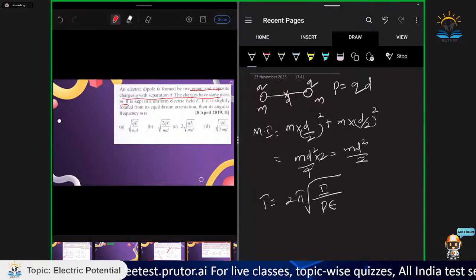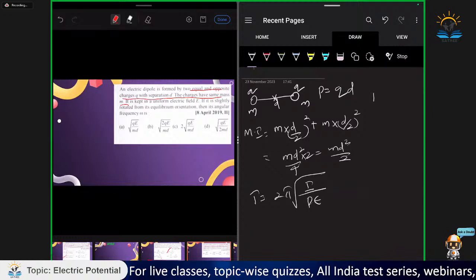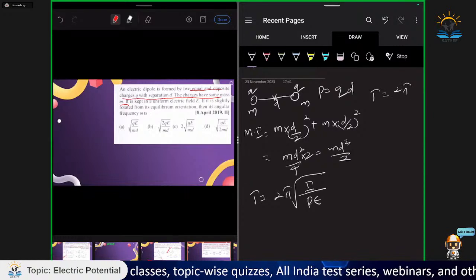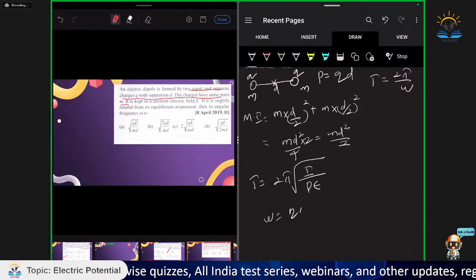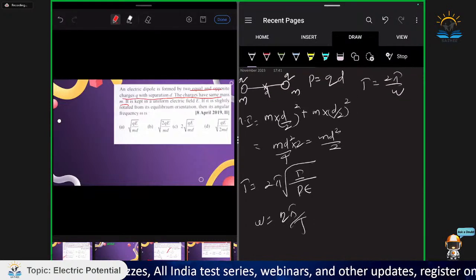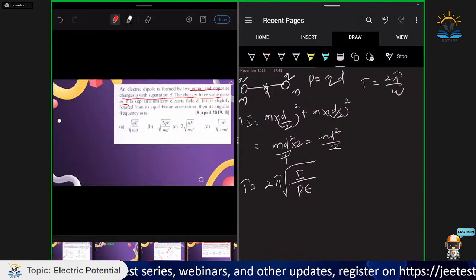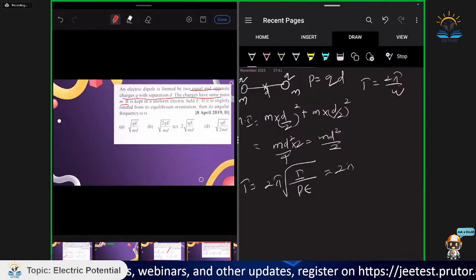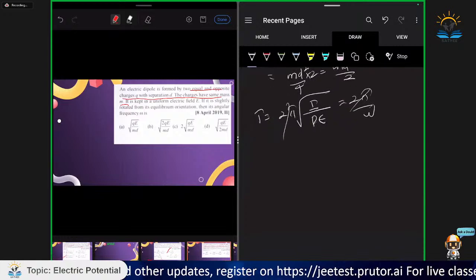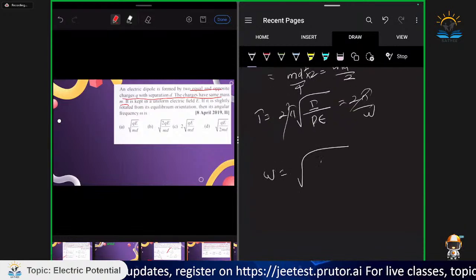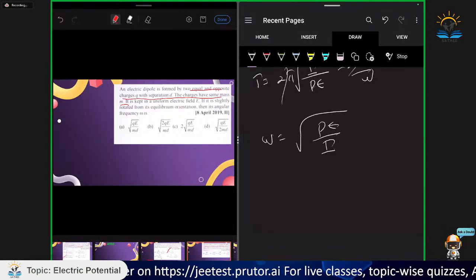Also time period T is equal to 2 pi by omega, so omega is equal to 2 pi by T. Or else we can equate here: 2 pi by omega, 2 pi we can cut. So omega is equal to root of PE upon I.